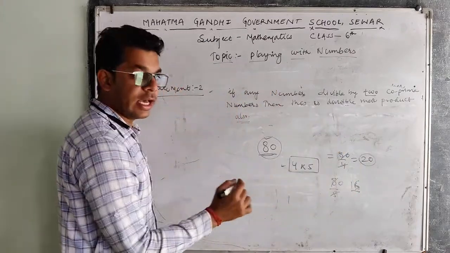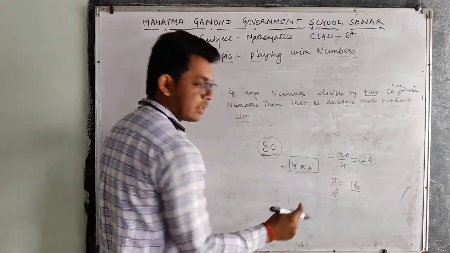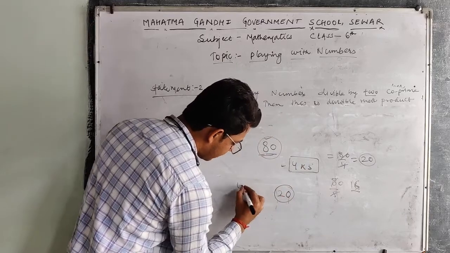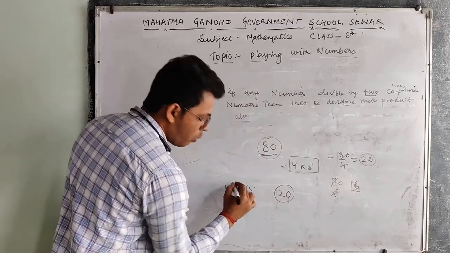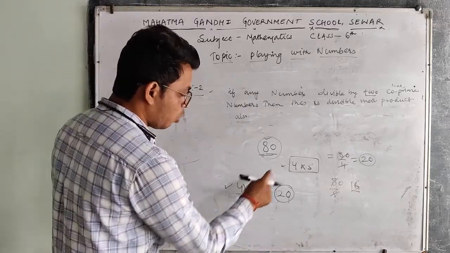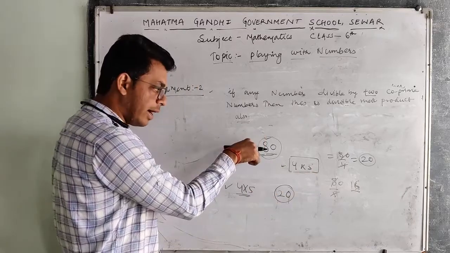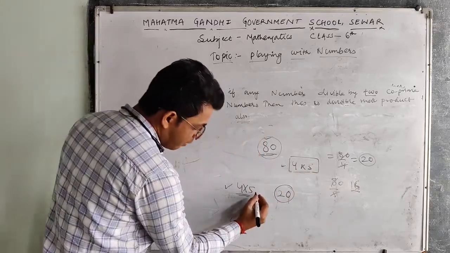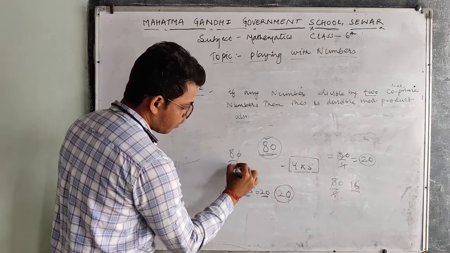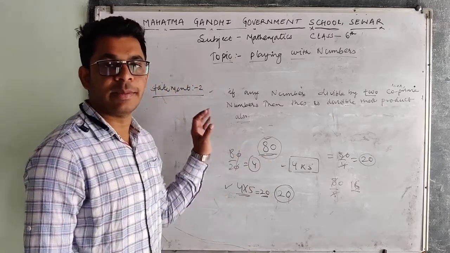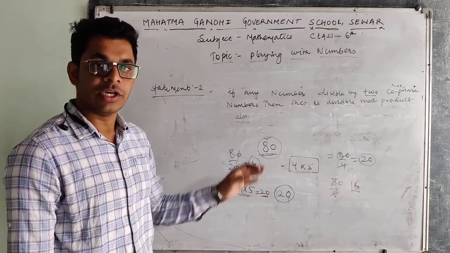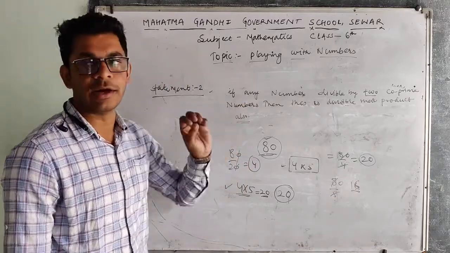The statement is saying that if we multiply these two co-prime numbers, 4 into 5, the product is 20, and 80 divided by 20 is 4. So if any number is divisible by two co-prime numbers, their product also divides the number completely.